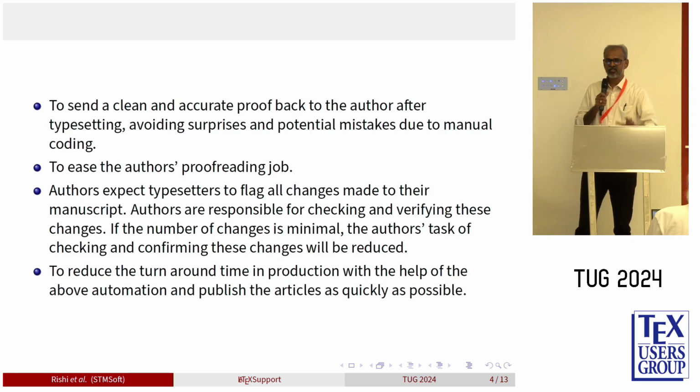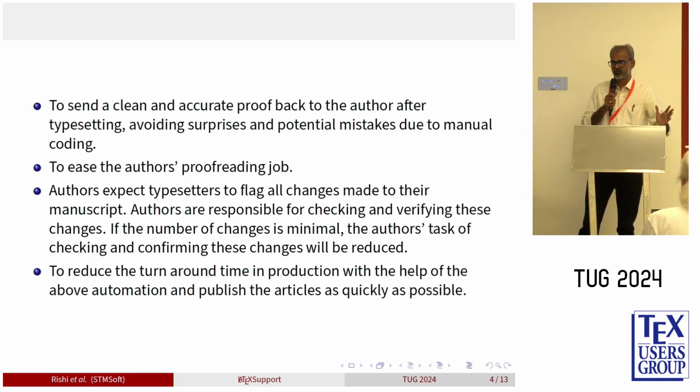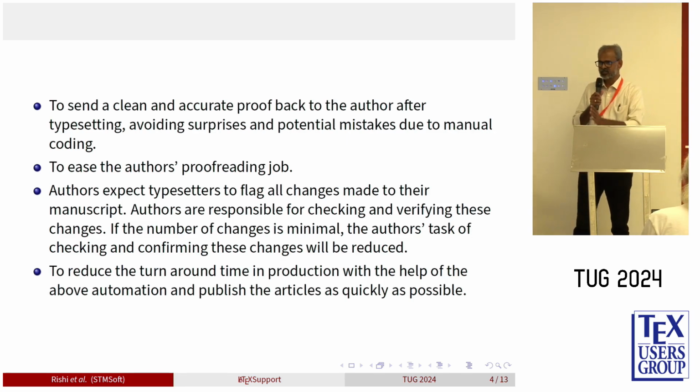For example, if an author uses a different class file which has a different page width, and the final printed page should be double column but the author submits in single column format, the typesetter will have to break all these equations. Assume there are 45 or 50 or 100 equations.